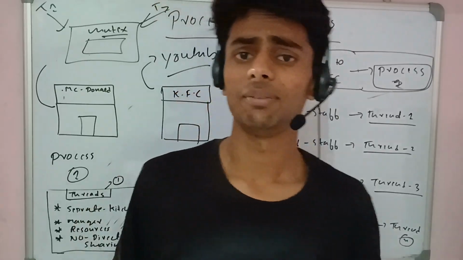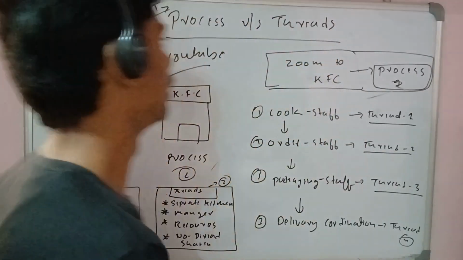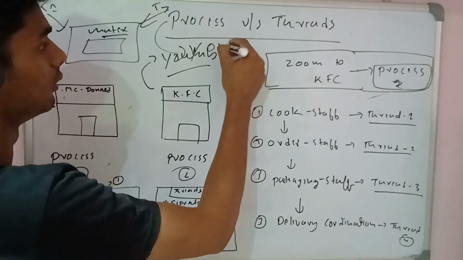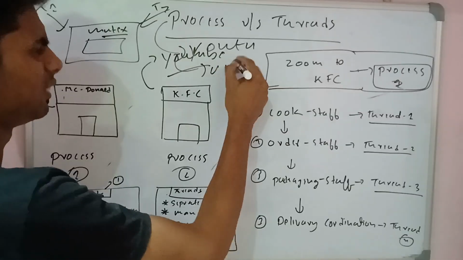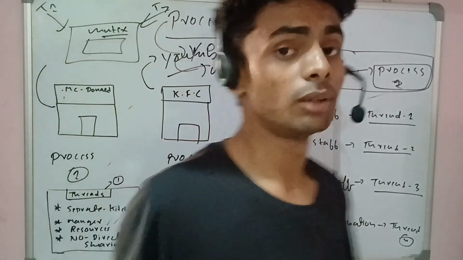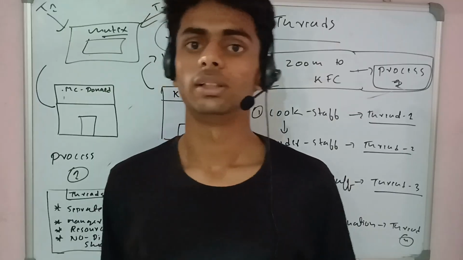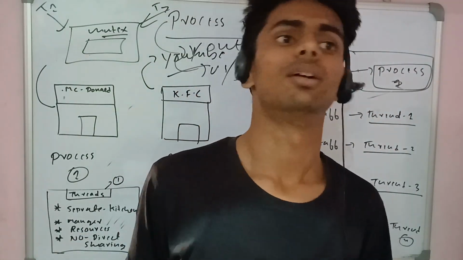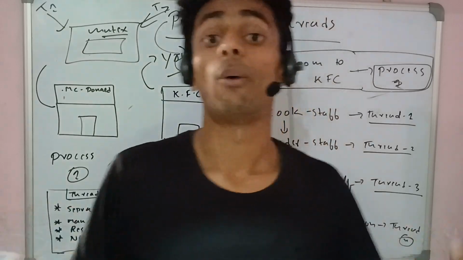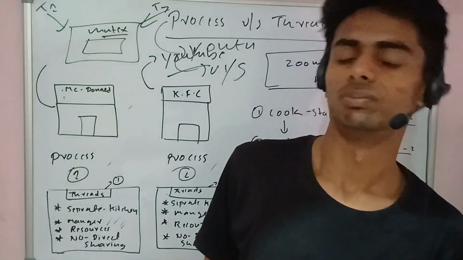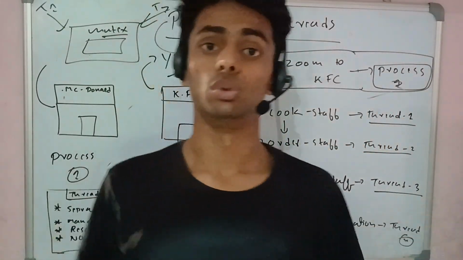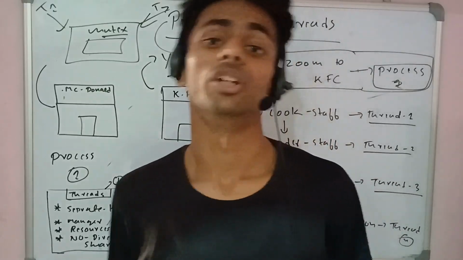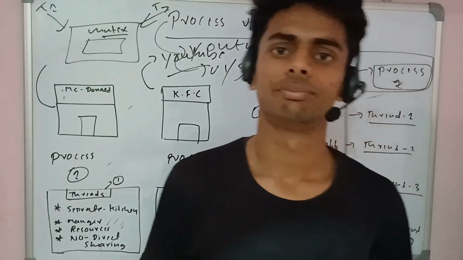Examples of processes are YouTube and applications like VS Code. Threads are things like the UI inside a particular app, or a download feature inside the app. These are individual features that need some computing power. So that is the thread.